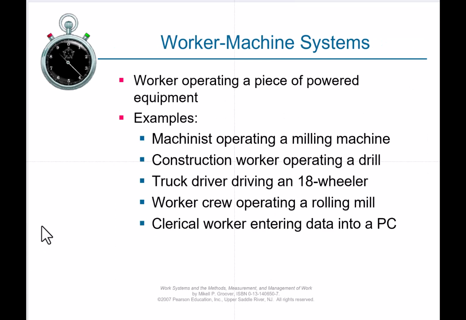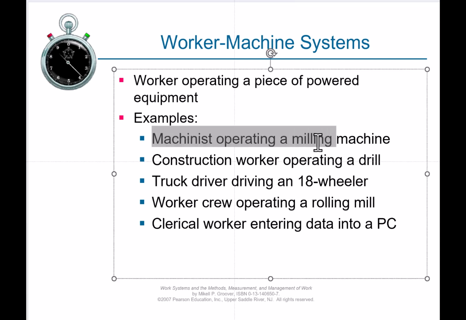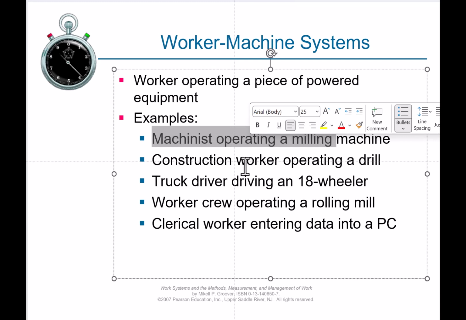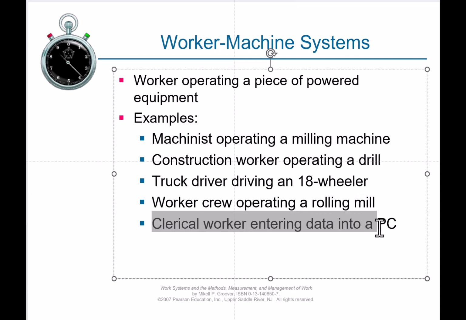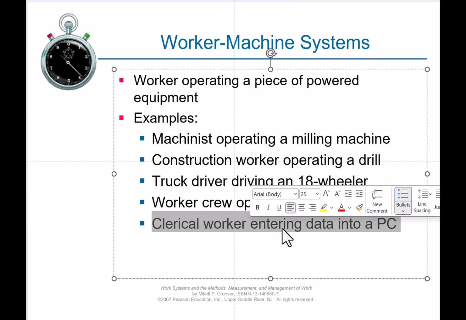For now, let's take a look at the worker-machine system. It's the same thing: you're dealing with manual and machine operation, such as machining on a milling machine, a construction worker operating a drill, a truck driver, a worker crew working in a rolling mill, or a clerical worker entering data into a personal computer.